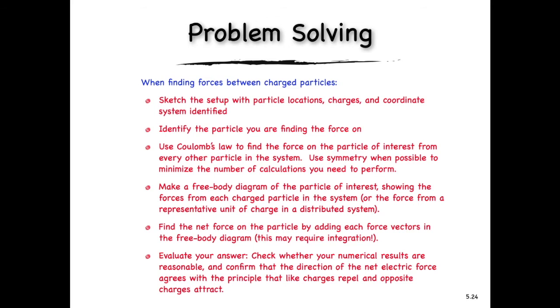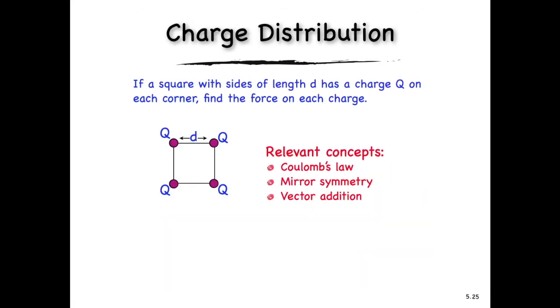If one of those is not a point charge, but it is a big distributed charge on a sphere, well, then it's harder. We can't just say, oh, it's going to be kq1 q2 over r squared. But we can say, what happens if we get really far away from that sphere? It's going to look like a point. So you can take a limit and say, in the limit where we get far away, I know what to expect. So let's get some practice doing all those things.